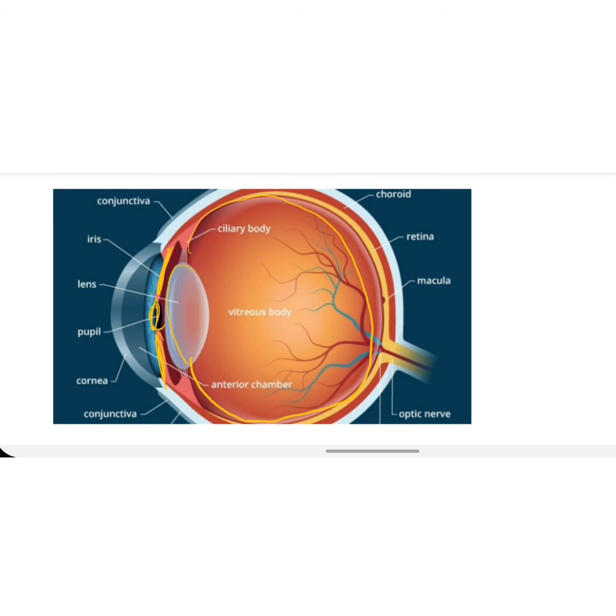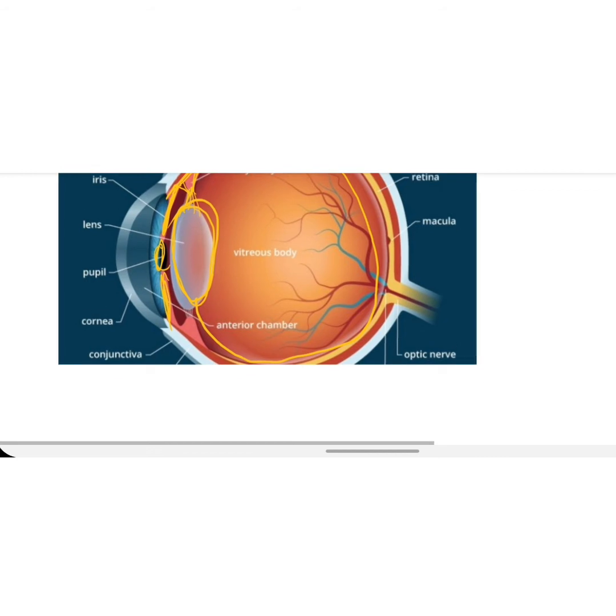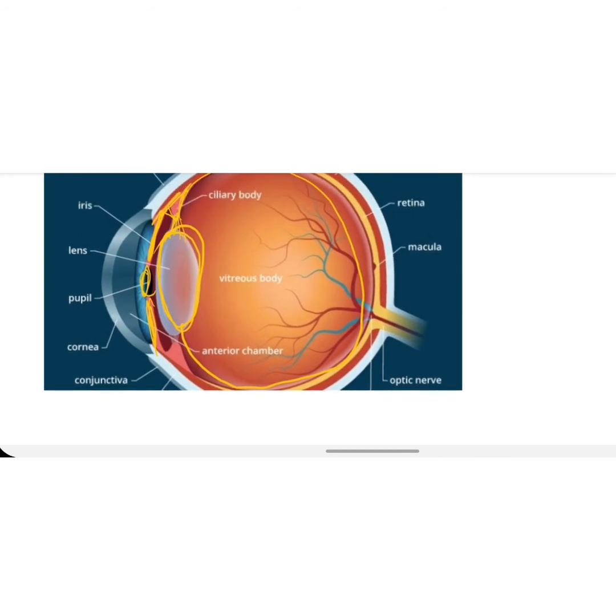This one is the crystalline lens, and these are the suspensory ligaments, or what we call zonules. This is our ciliary body. This makes up our anterior segment. In this area we have the aqueous humor, which is formed or secreted by the ciliary body.